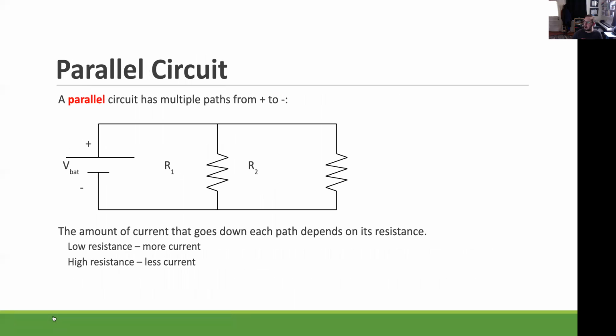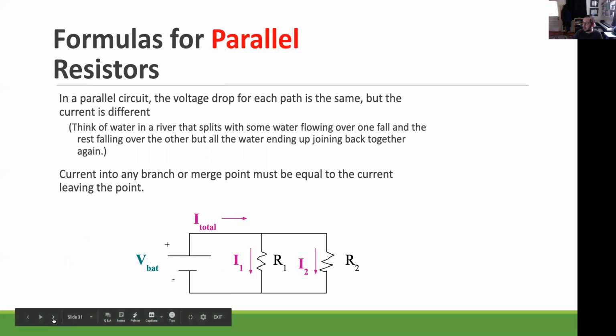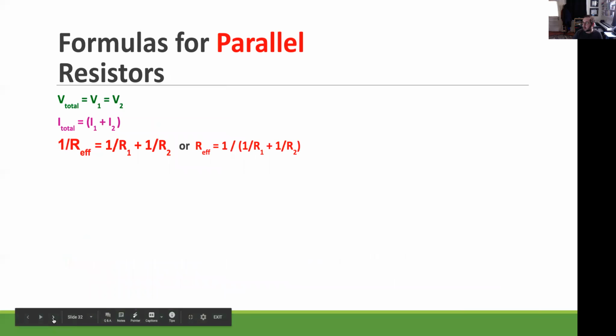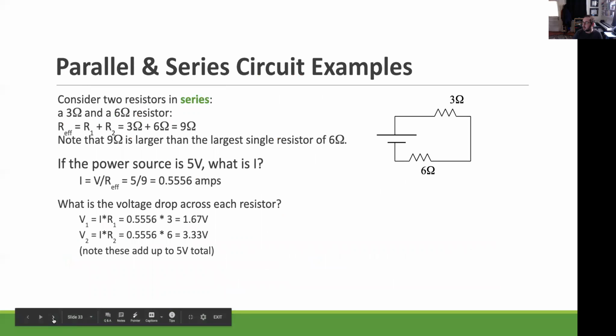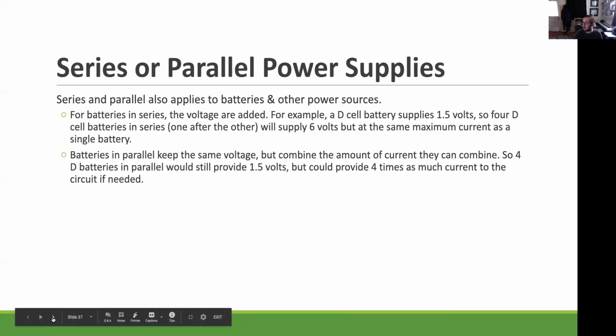Here's a parallel circuit, so you can see how we have this resistor and this resistor, and they're parallel to each other. We don't need to go into formulas for this part, but they're there if you're interested. And then some examples and questions, you can figure some stuff out.